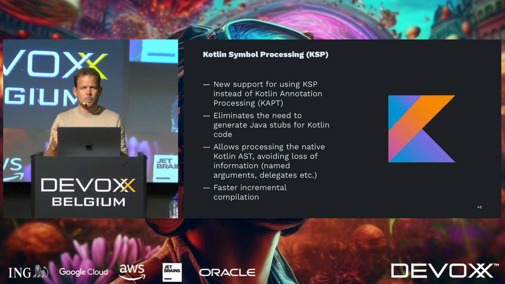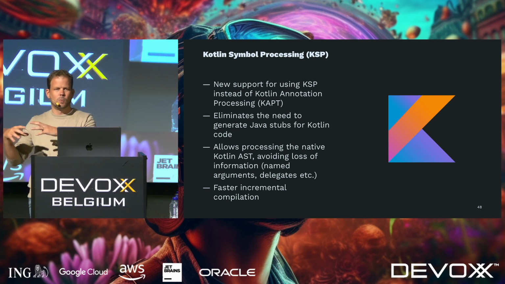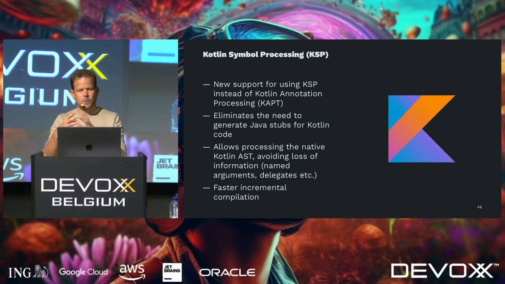It works by generating a Java stub when you compile and passing the Java stub to the normal Java annotation processor API, which interprets the stub and produces whatever it produces. We had a lot of bug reports because with KAPT, we see the Java stub, but it doesn't represent the original Kotlin code.